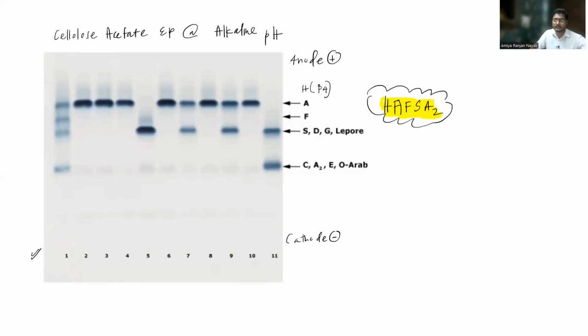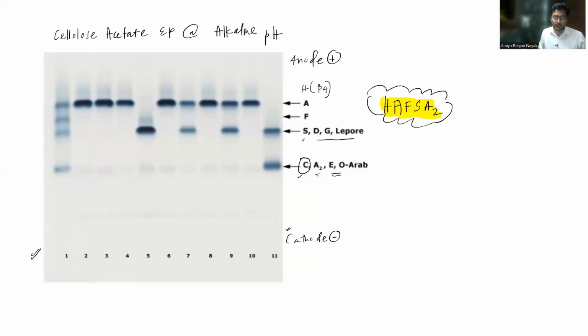We will discuss that later. So hemoglobin H will be nearer to the anode, then hemoglobin A, then hemoglobin F, then hemoglobin S along with various other hemoglobins, not very important. Then hemoglobin A2. But here we have to understand that hemoglobin C is also present along with hemoglobin A2. So cathode and C are nearer. A and E are not very important at this time. So HAFSA2, H, A, F, S, A2, and along with A2, we also have C.